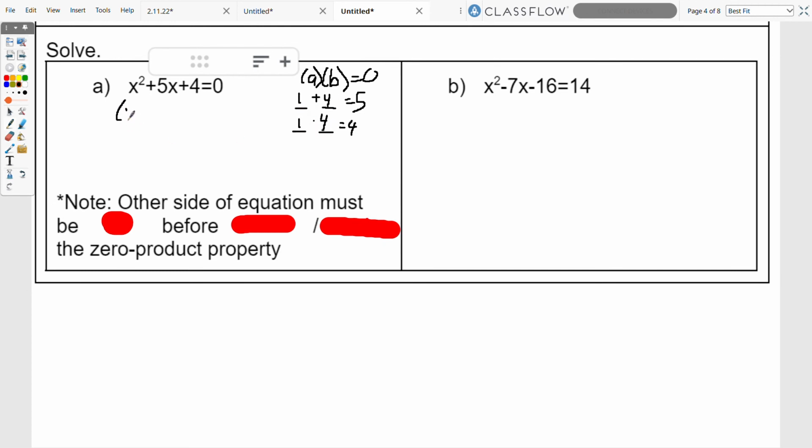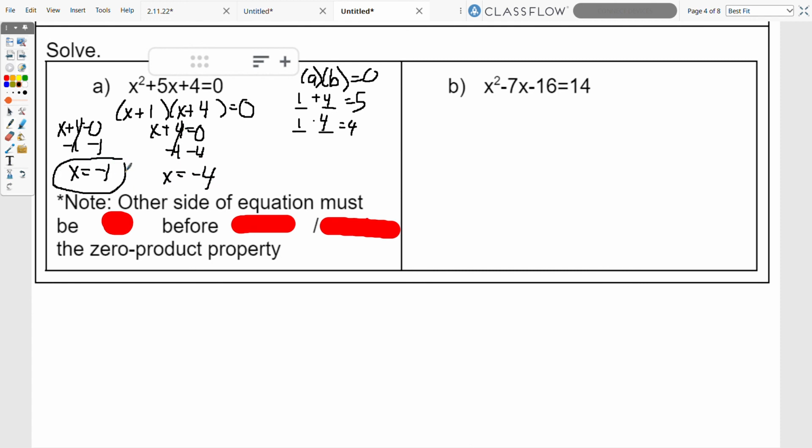So we use the shortcut: x plus 1, x plus 4 equals 0. From here, since the two things are multiplying together and equaling 0, x plus 1 equals 0 and x plus 4 equals 0. Then we solve: subtract 1, x equals negative 1; subtract 4, x equals negative 4. There are our two solutions.